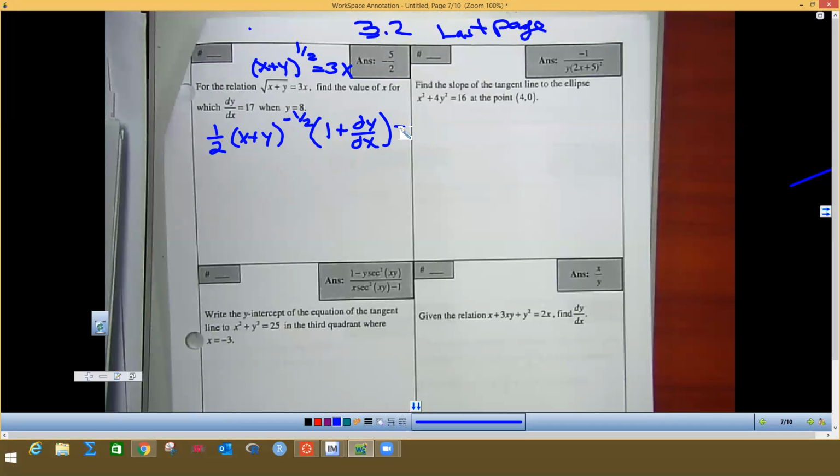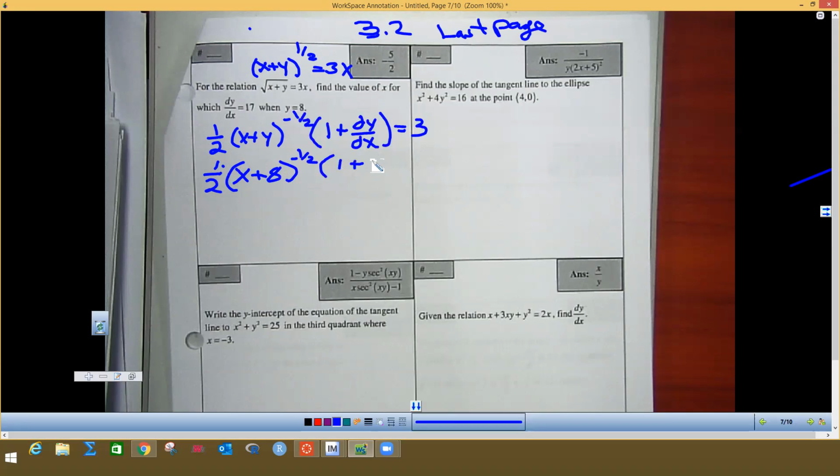And over here on the right side, the derivative of 3x is 3. So right now I'm going to plug in my numbers. Actually, let's go ahead and simplify this first. We'll just plug them in. So I got 1/2, and I'm plugging in 8 for y.